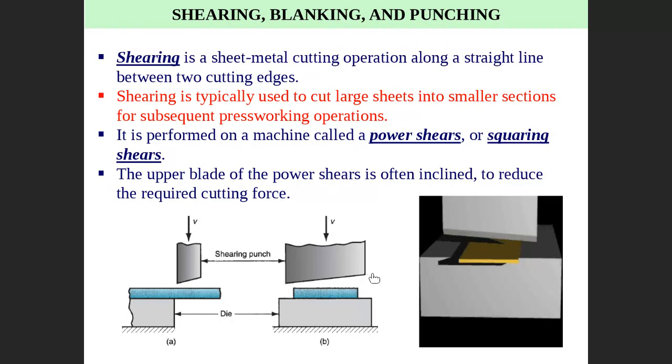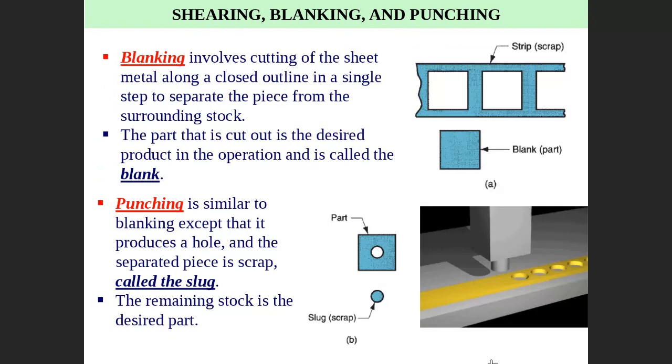I mean, the force will increase gradually. So usually the punch is inclined, as you can see here. This is technically needed to increase the force gradually in the shearing process. Listen to me carefully here. The shearing process has two main operations. We call them blanking and punching.